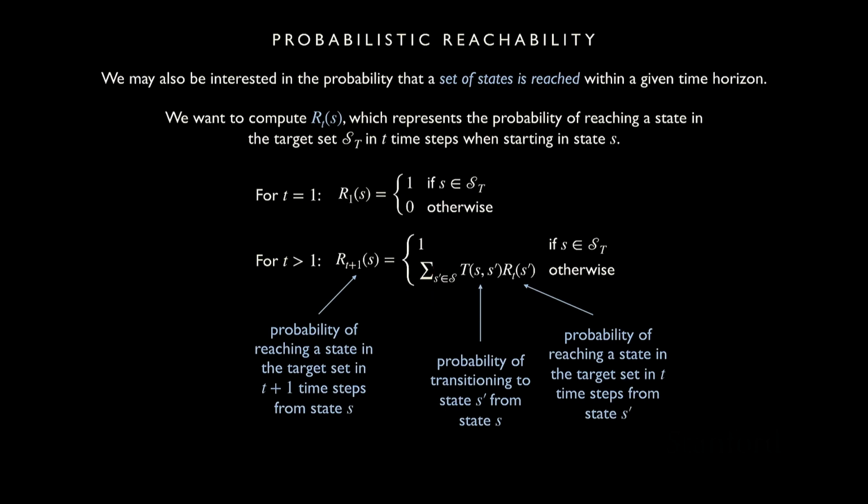So I look at all the next states that I could go to, and I ask, what is the probability that from that next state I reach the target set, and I multiply this. I'll give you a second to take that in.